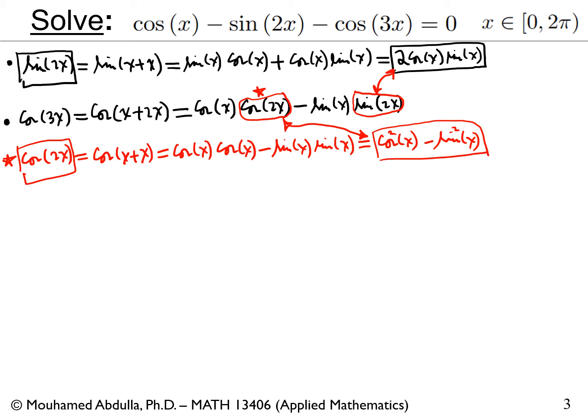So now what we could do is update our cosine of 3x expression.